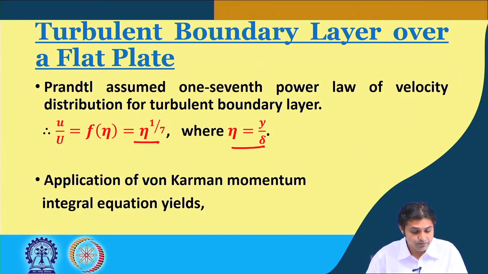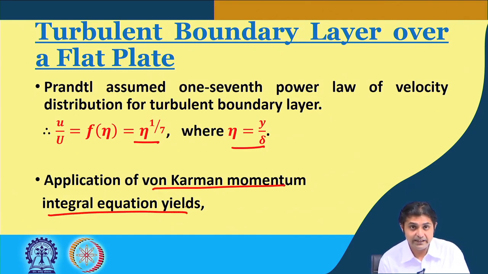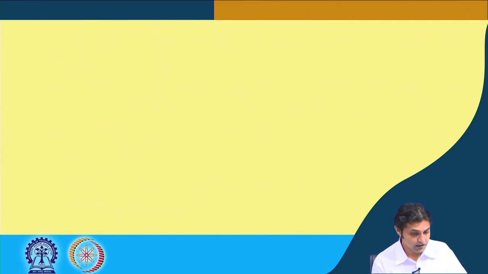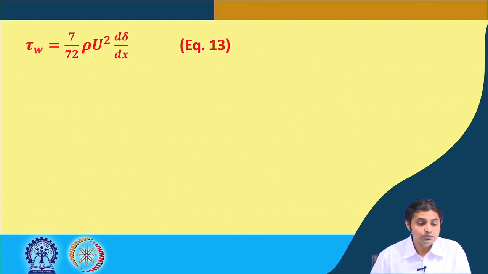All right. And since that von Karman momentum integral equation is applicable here too, it yields tau w is equal to 7/72 rho U square d delta by dx.